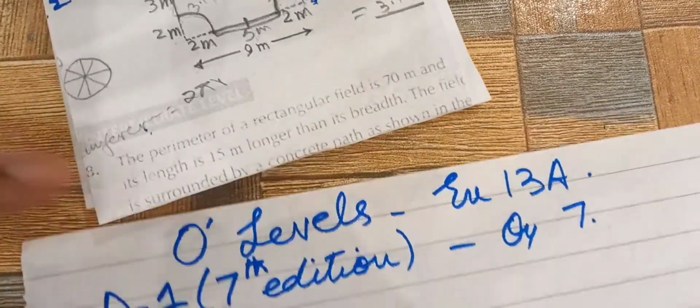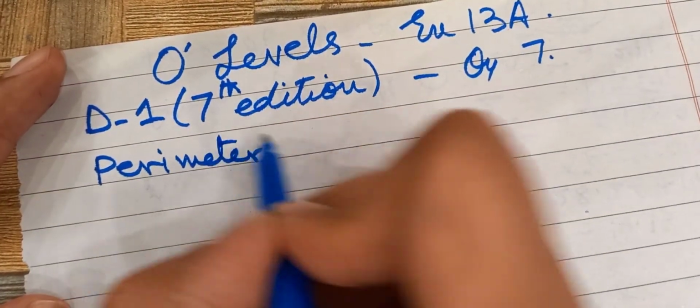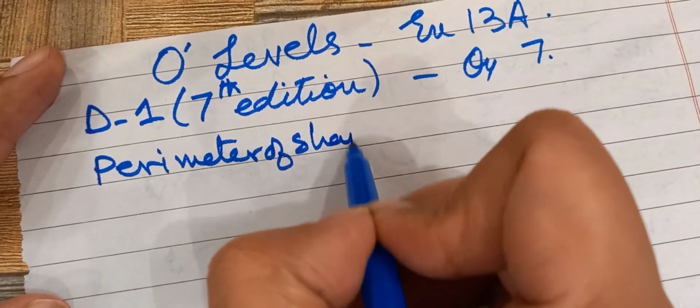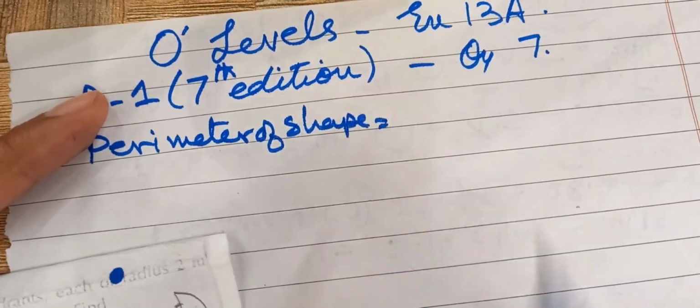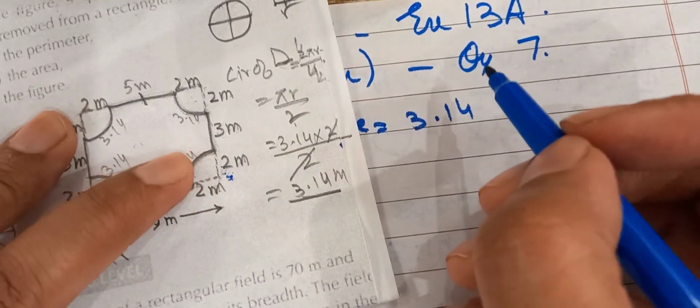Now the perimeter of the shape is equal to 3.14. I am starting from here, 3.14.